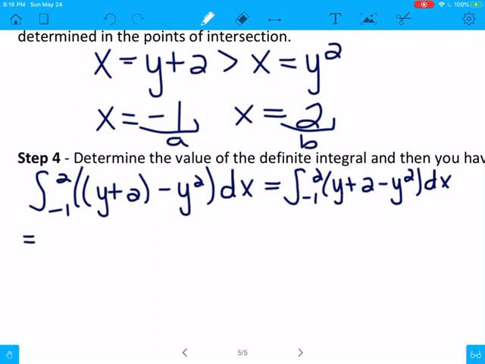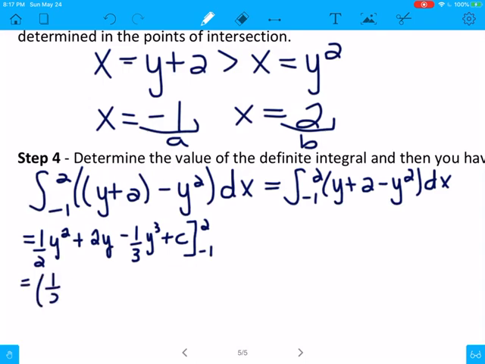So now I'm going to get y squared divided by 2, so I'm going to put a half in front. Plus 2 is a constant, so it would have been 2y, minus y cubed, but I'm going to divide by 3, so 1/3, plus c, from -1 to 2. Then I get to plug them in.